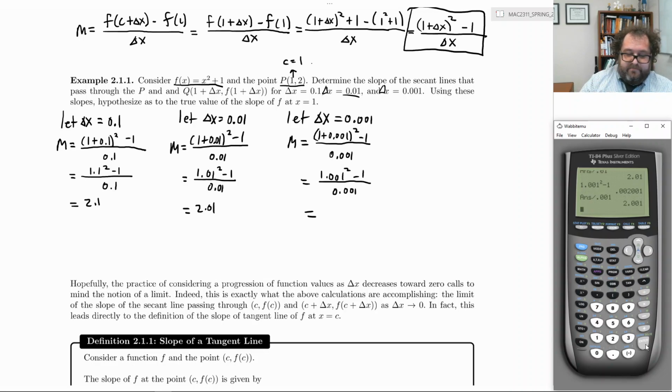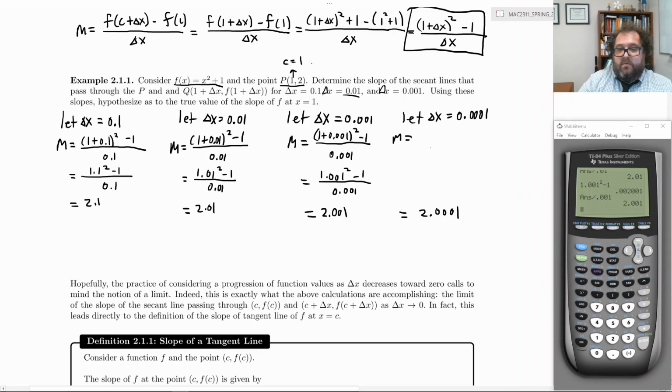Now you should see the pattern. So what do you suspect is going to happen? I didn't ask for it here, but let's say let delta x equal 0.0001. What do you suppose the answer is going to be? Let's just go ahead and guess. It equals 2.0001.